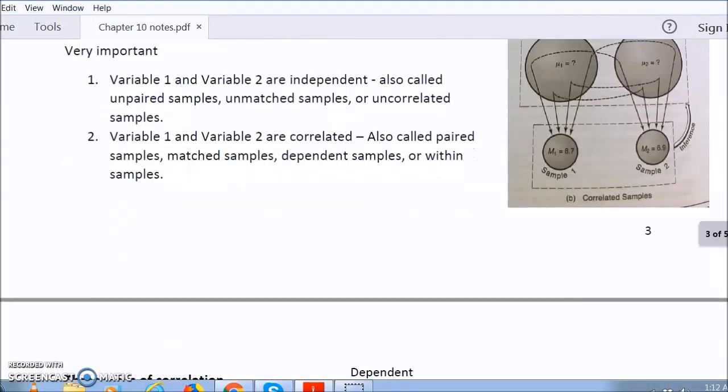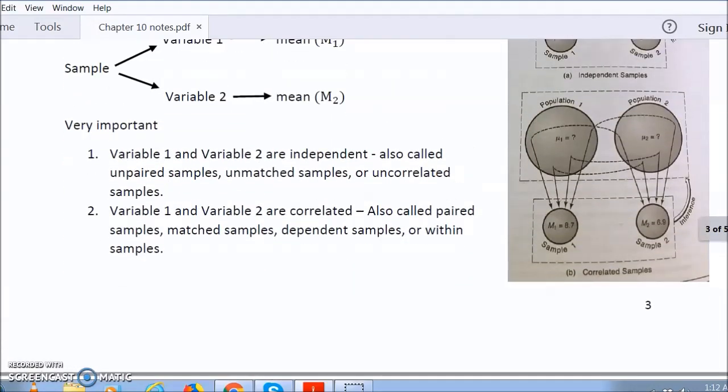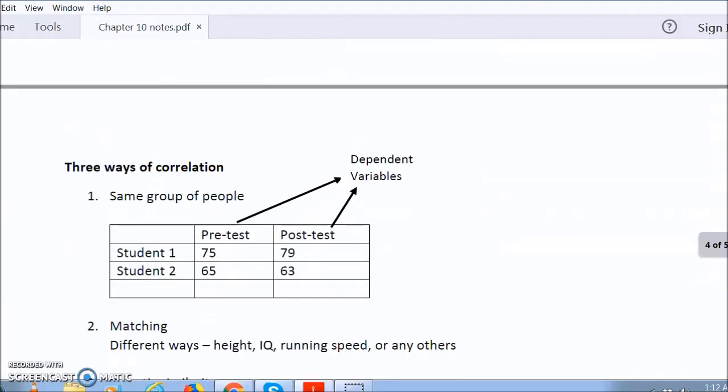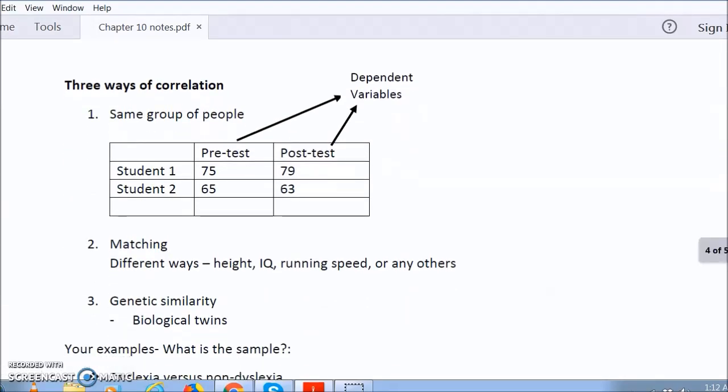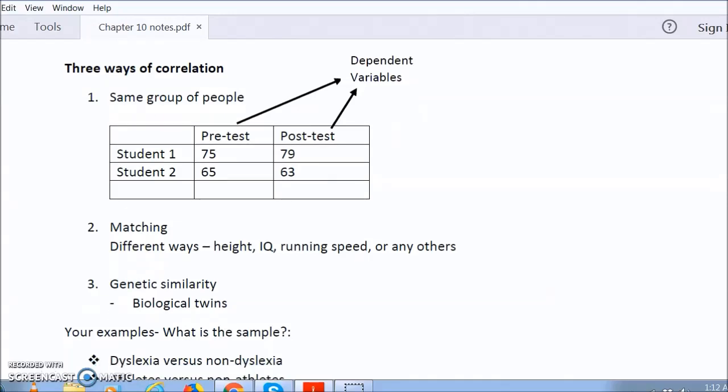The second one is whether the samples you have, variable 1 and variable 2, are correlated to each other or not. If they are correlated, they could also be called paired samples, matched samples, dependent samples, or within samples. There are different ways of correlation. For example, you could have the same group of people, like a pre-test and a post-test.